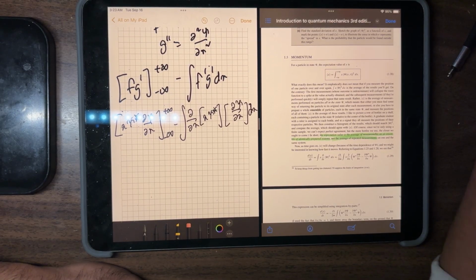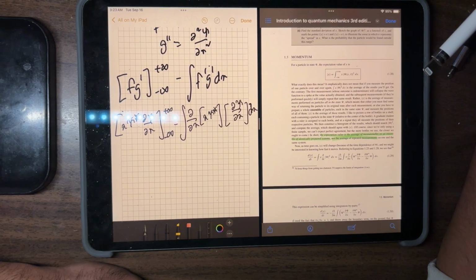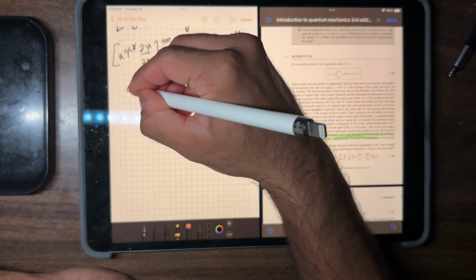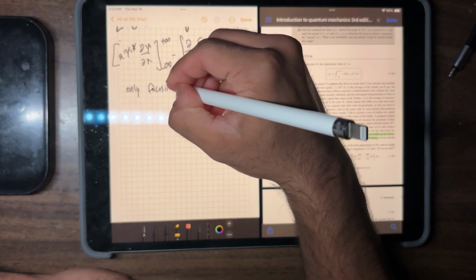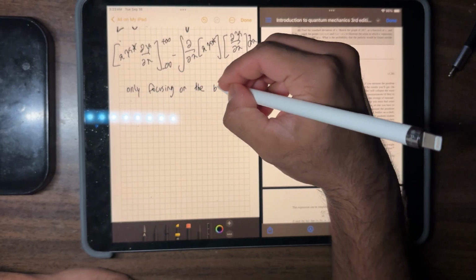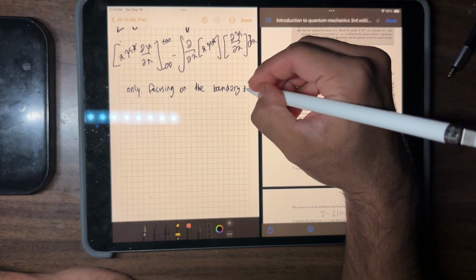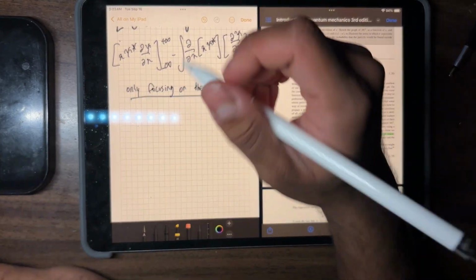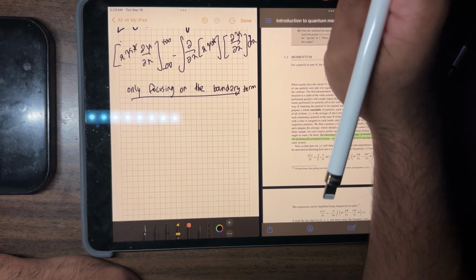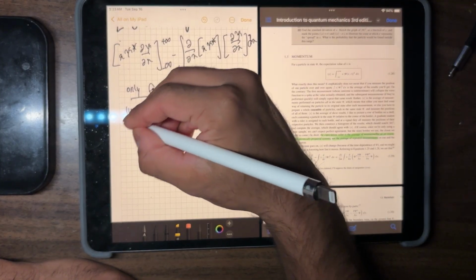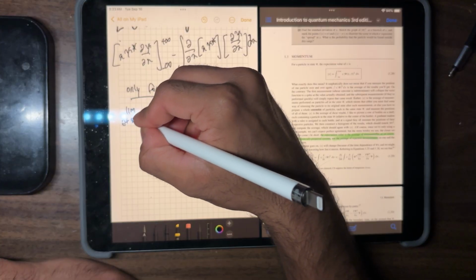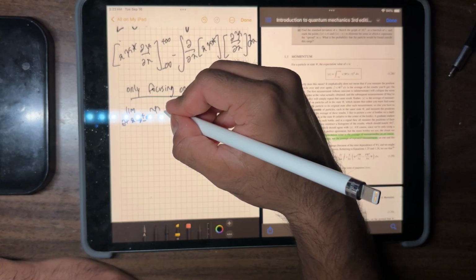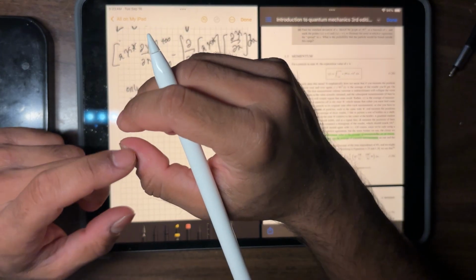Now here's the key. For physical wave functions, it must vanish. So for the boundary term, the physical wave functions must vanish at infinity. Which means the limit as x approaches plus or minus infinity of psi of x must be 0.